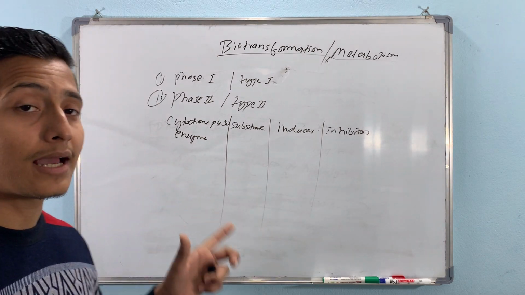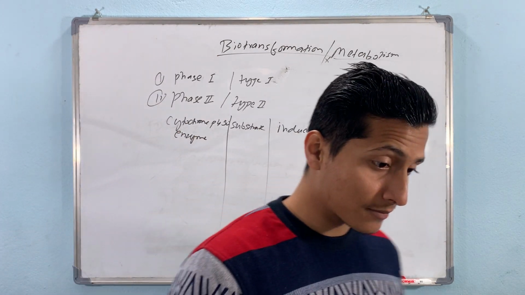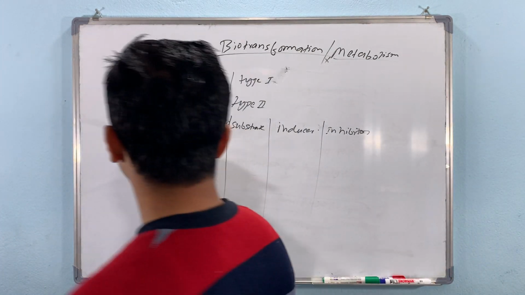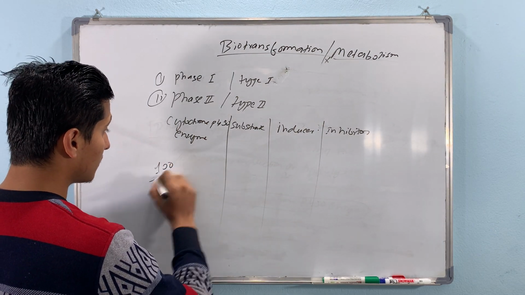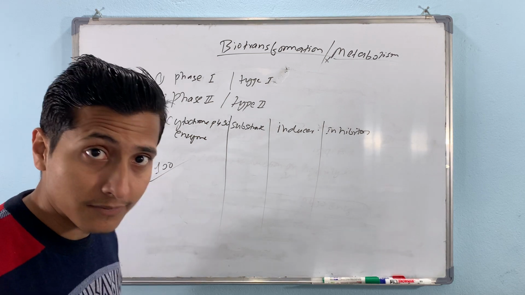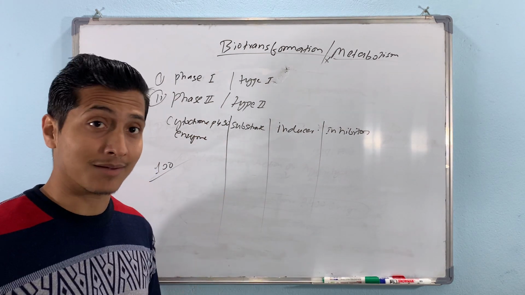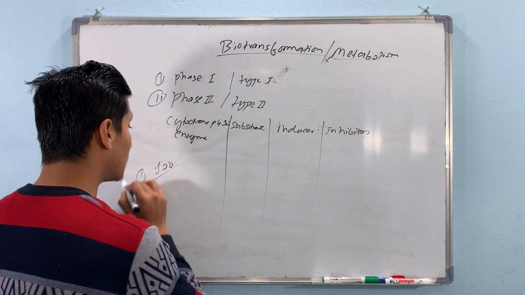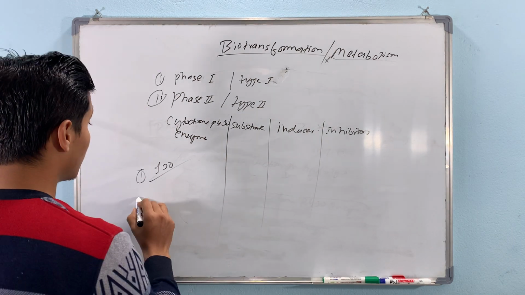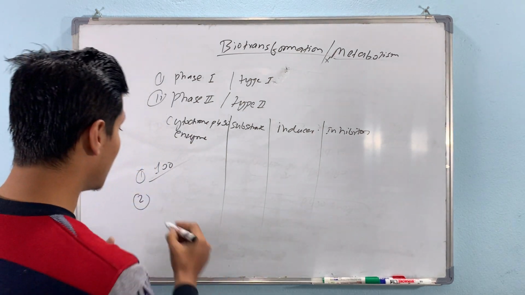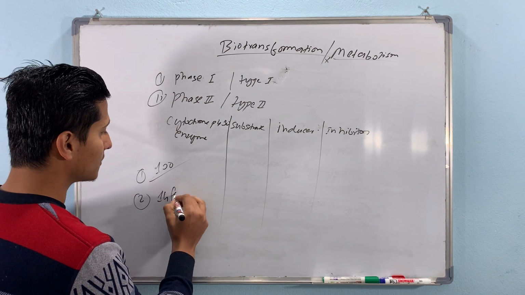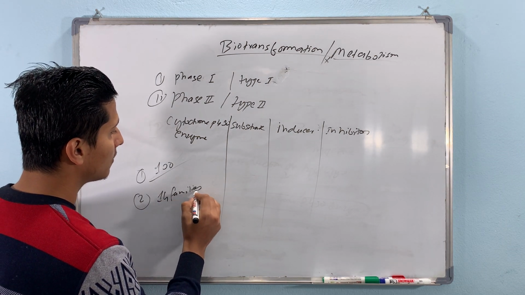So what are cytochrome P450 enzymes? There are actually hundreds of enzymes, maybe about 100 different kinds of cytochrome P450 enzymes you can find. So you can't always memorize all these things. And these 100 different enzymes are put in 14 different families, right?